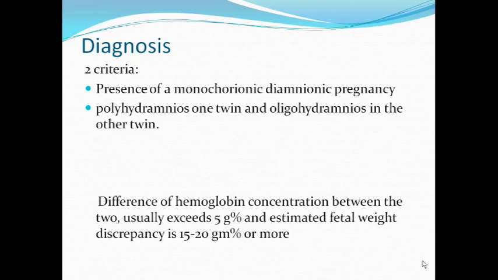So two criteria: monochorionic diamniotic twin with oligo-poly sequence. In most cases, the difference of hemoglobin concentration between the two usually exceeds 5 gram%. Estimated fetal weight discrepancy is usually 15 to 20% or more.